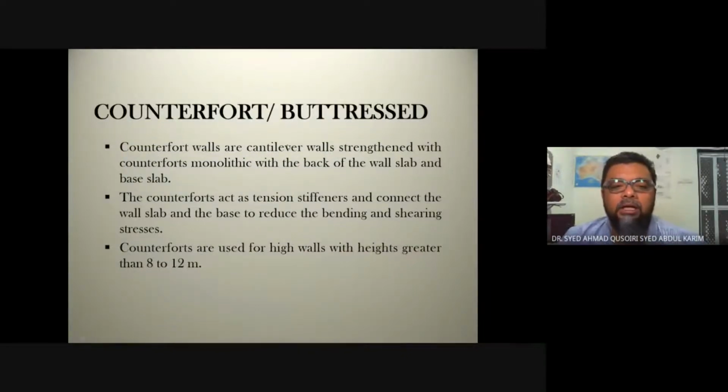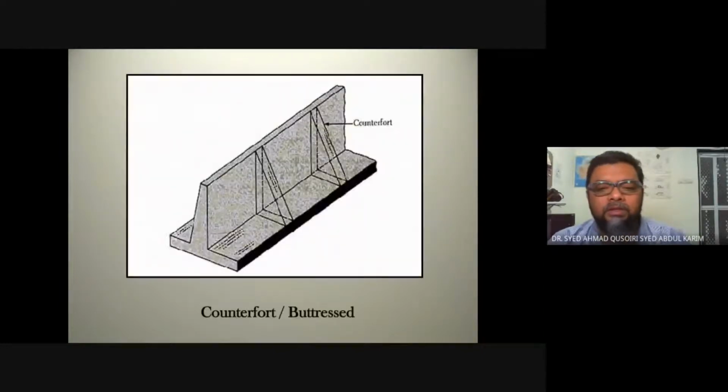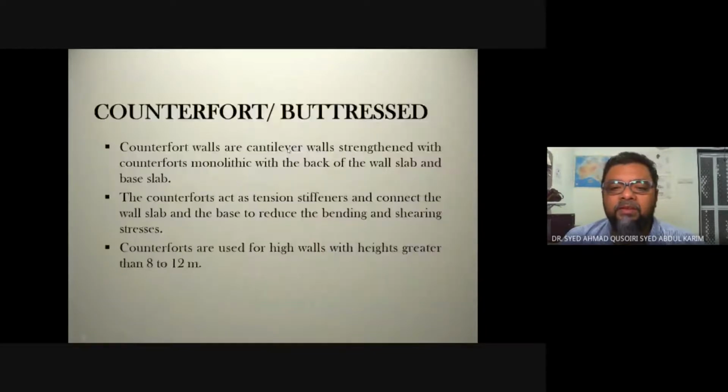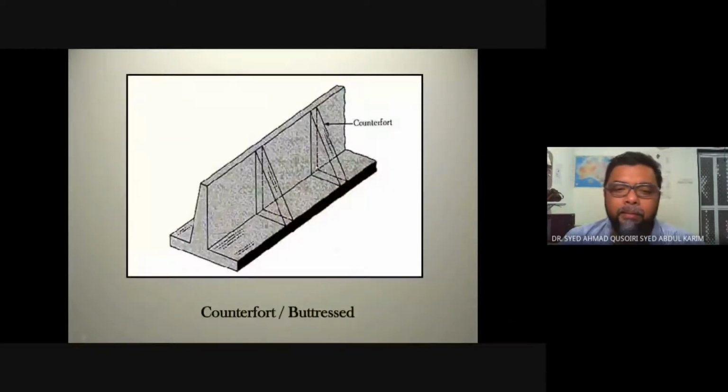Counterfort walls are cantilever walls strengthened with counterforts. So what do they mean by counterfort? It is this triangle thing.